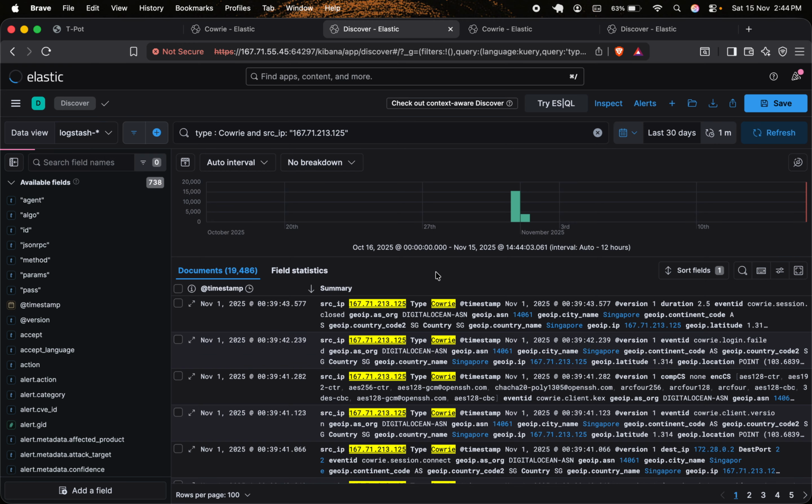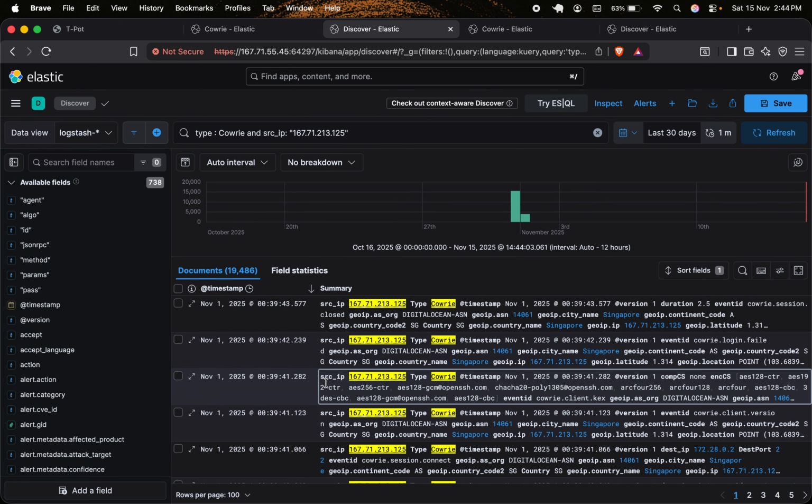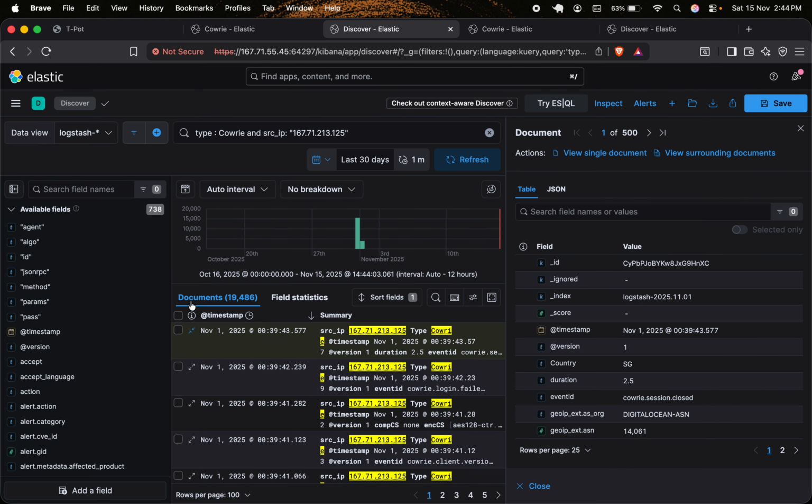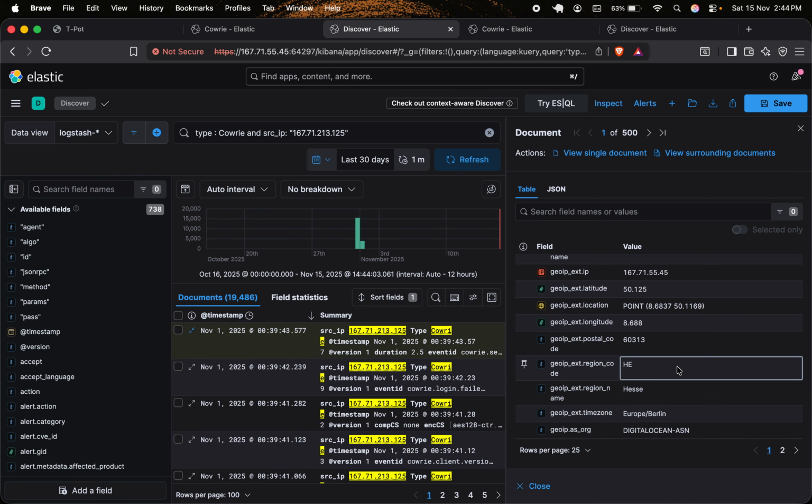Yeah, so this is the main IP. These are some of the attacks we are getting from this particular IP. Okay, if we expand it here, then we see the JSON in tabular form.